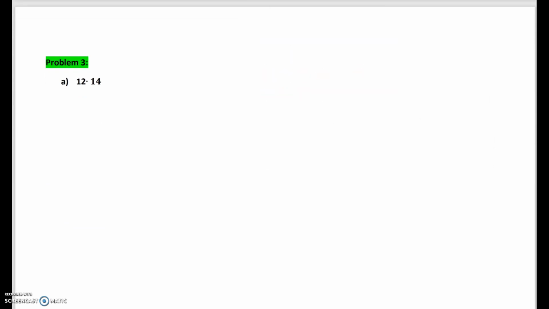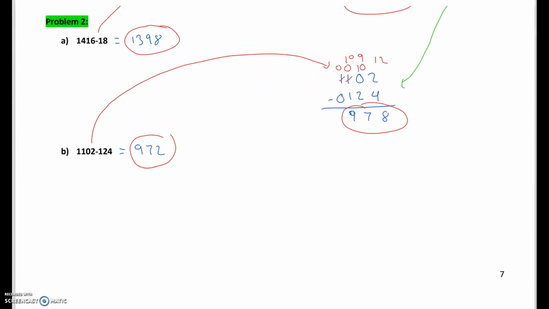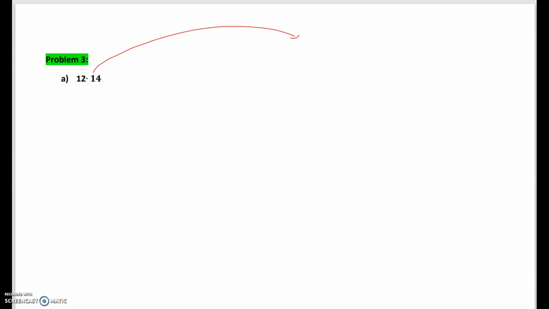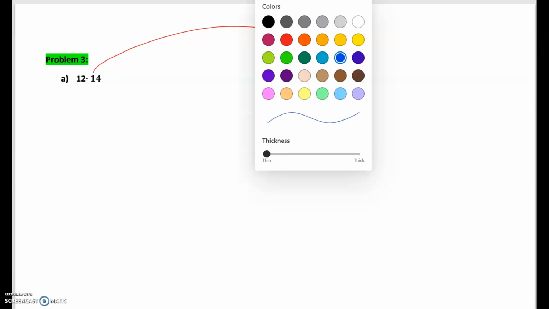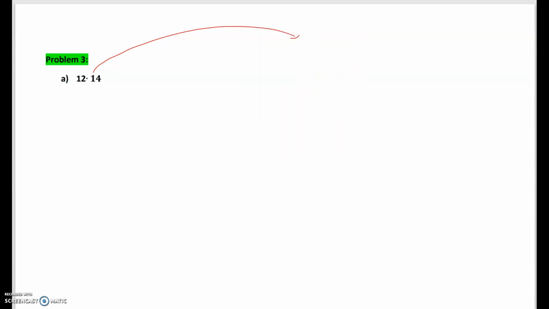So in this case, I'm going to line up the problems in the following format. So this is going to be the values of 12, and technically you're multiplying by 14. And then you start the multiplication by multiplying 4 times these two, and then you have to keep track of if you have to carry any values.